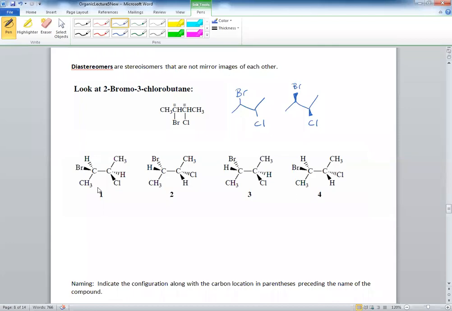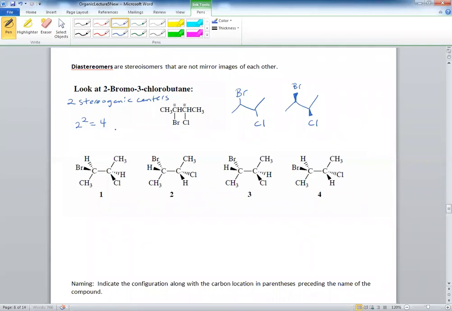So you have 4 possibilities in terms of the configuration. Remember, we have 2 stereogenic centers right here. So 2 to the 2, that would be 4.